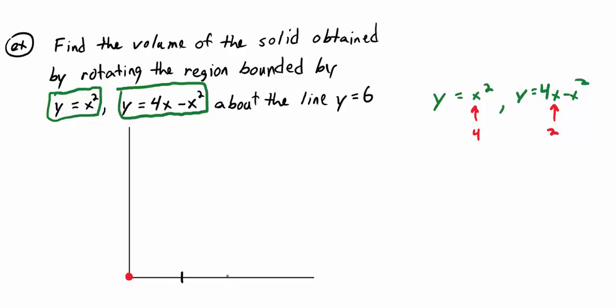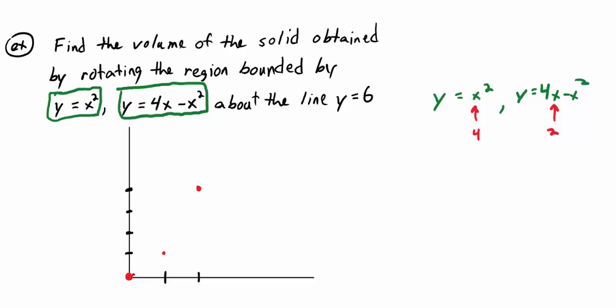So let's go over like that. And then I'll use a slightly different scale on the y-axis. So 2, 4 we said, right? And then, of course, y equals x squared goes through 1, 1, so I'll graph that one first.